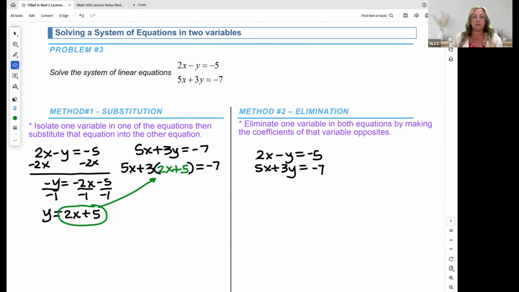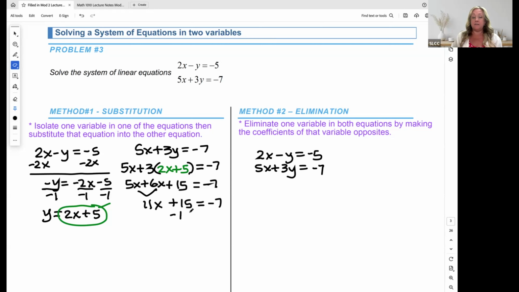Now I need to solve this for x. So I have 5x plus 6x plus 15 equals negative 7. Let's combine our x's together. We get 11x plus 15 equals negative 7.